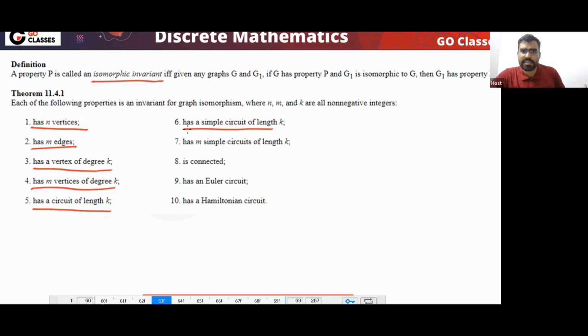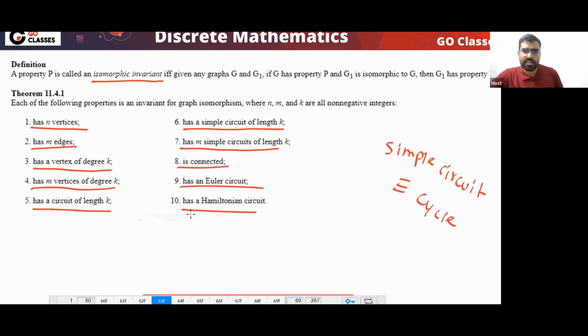A simple circuit is simply the name for a cycle. So: has a cycle of length k, has m cycles of length k, is connected, Euler, Hamiltonian.